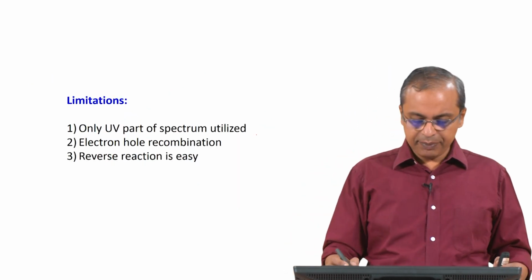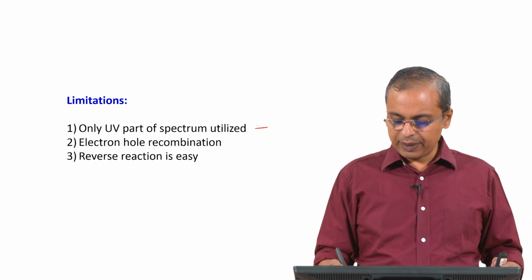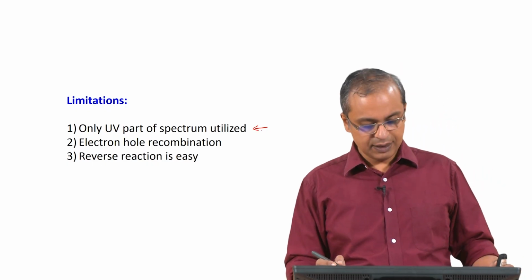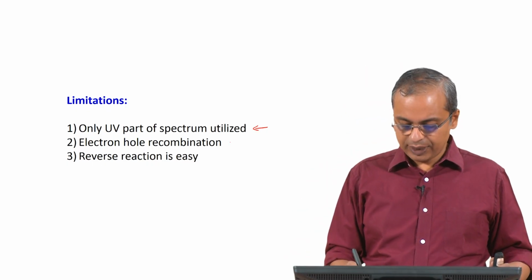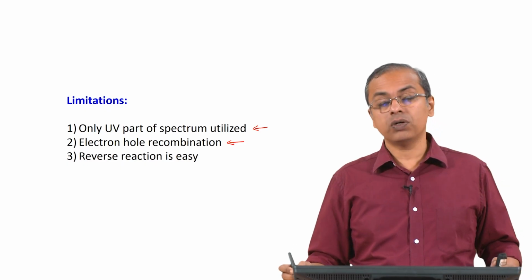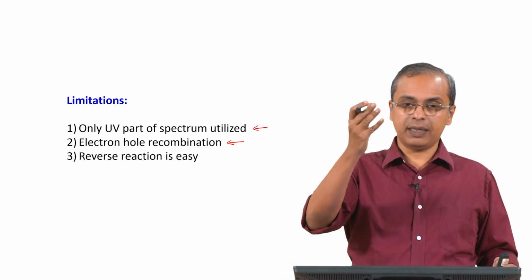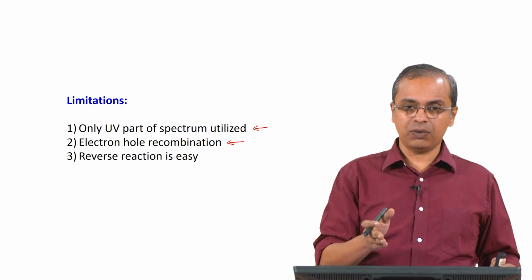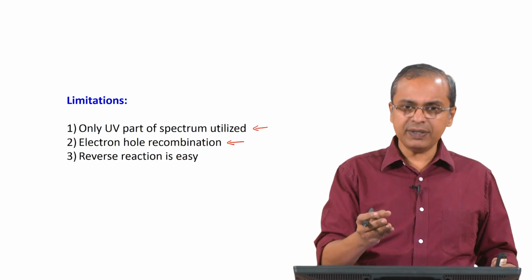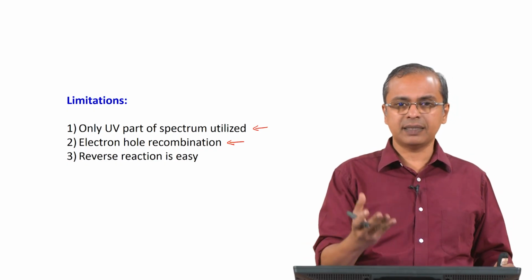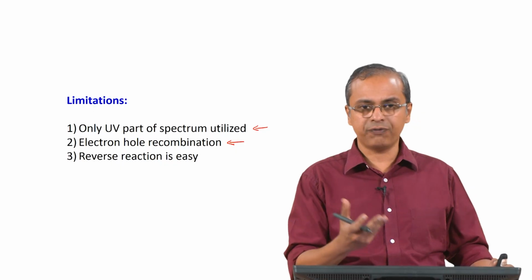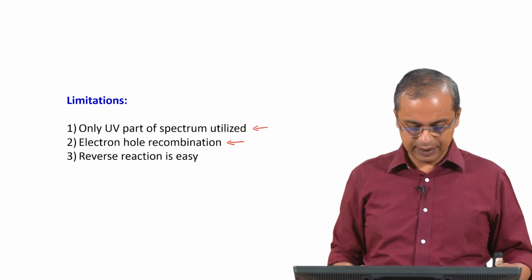So, as I said here, the limitations are that only the ultraviolet part of the spectrum is utilized. We also said that you can have some amount of electron hole recombination, because you have put an electron in the conduction band and a hole in the valence band, and if you just give it some time, it will recombine. There is a probability associated with it; the longer the time you give, the more it will recombine.